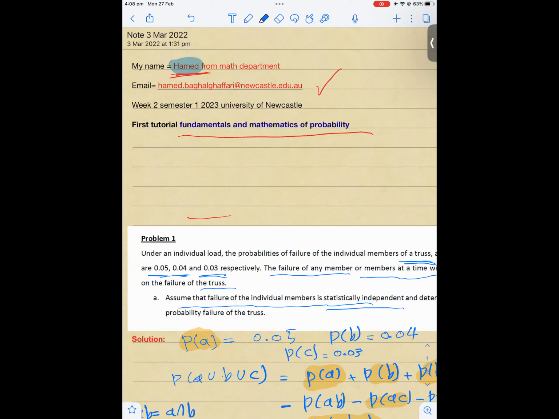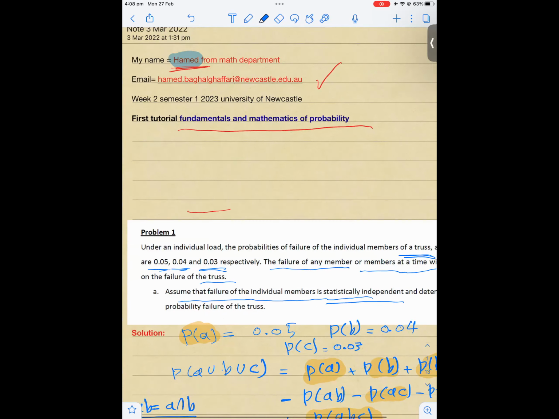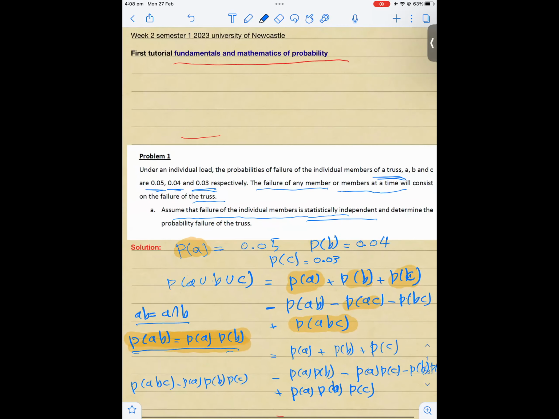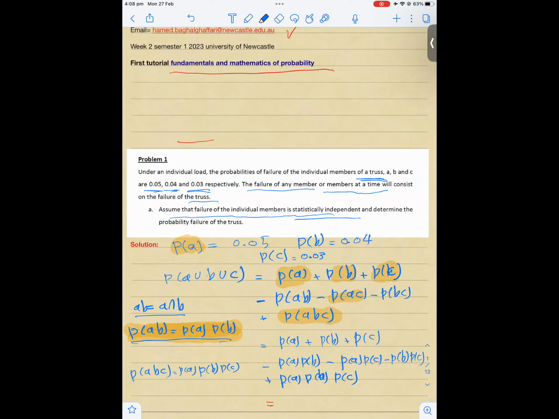Okay, so it seems that you see the materials properly? Okay. Yes? All right. So the first week of tutorials, but we are in week 2.